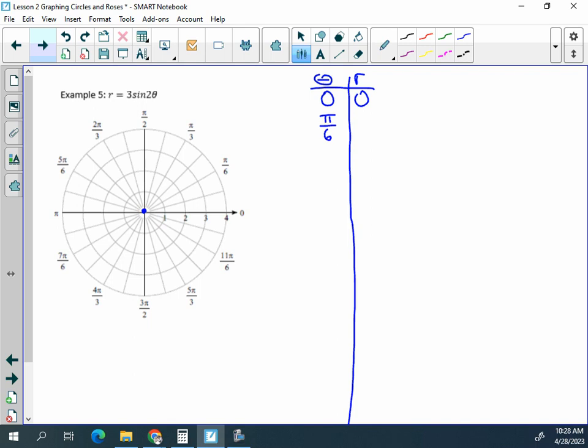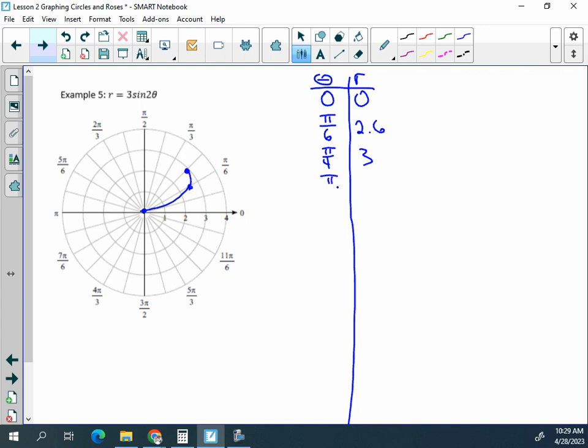Sine of pi over 3 is square root of 3 over 2, and then you're multiplying that by 3, which is approximately 2.6. So at pi over 6, we're at 2.6, so somewhere around there. Okay, at pi over 4, multiply that by 2, becomes pi over 2. Sine of pi over 2 is 1, times 3 is 3.